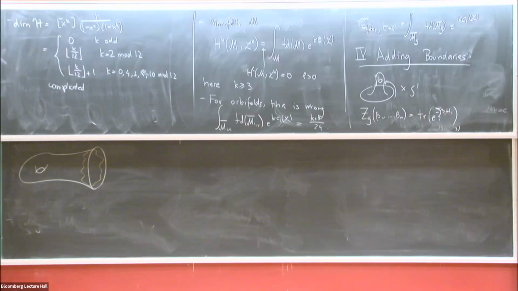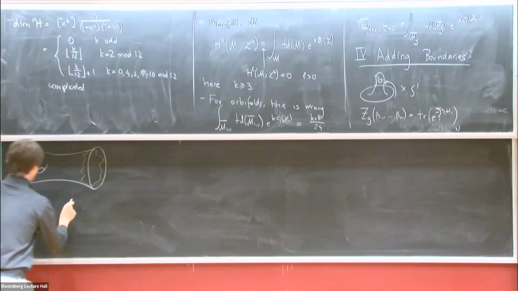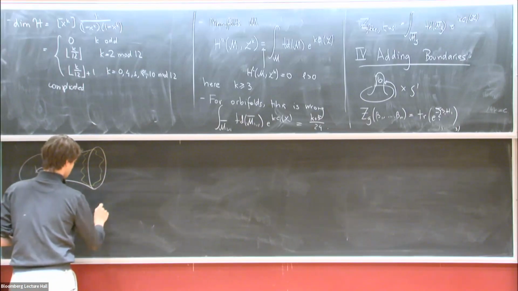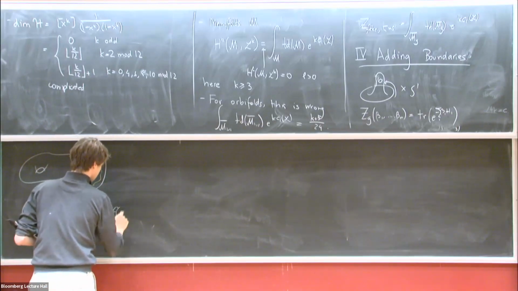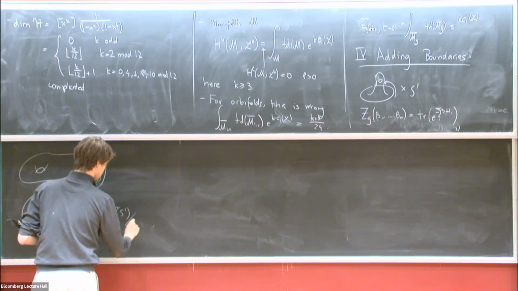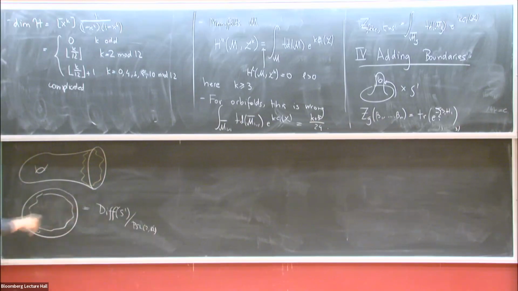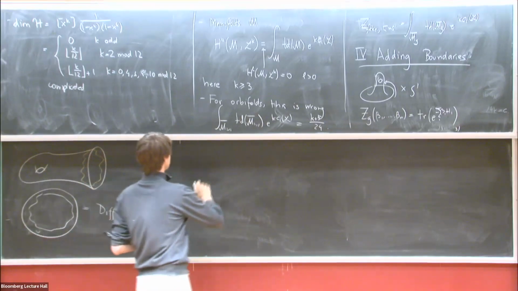So the relevant moduli spaces will be infinite dimensional. In the simplest case where you just have a disk, this moduli space is well known: it's Diff S1 mod PSL2R. The Diff S1 describes the shape of the cutoff, and then we have to divide out by the automorphisms of the disk.